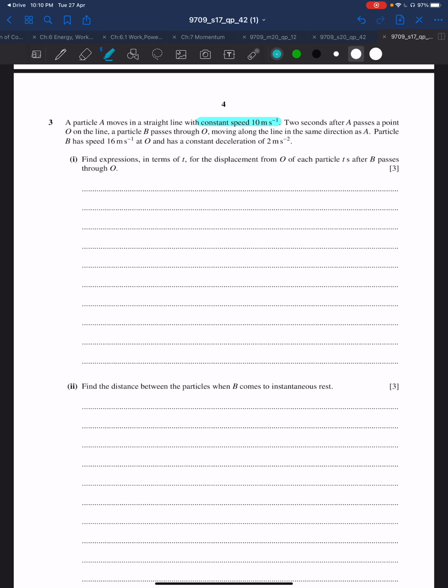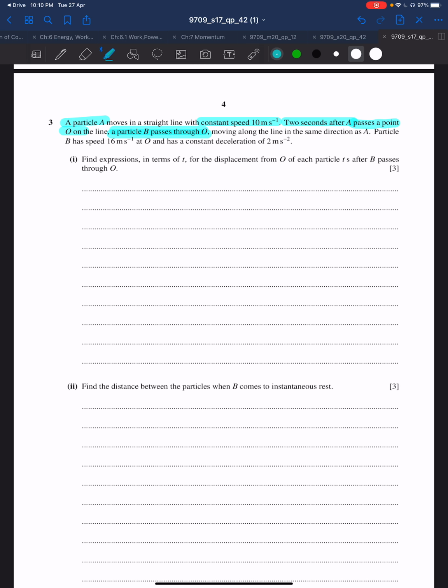A particle moves in a straight line, a particle A. 2 seconds after A passes the point O on the line, a particle B passes through O. That means the difference between the time of A and B is 2 seconds.